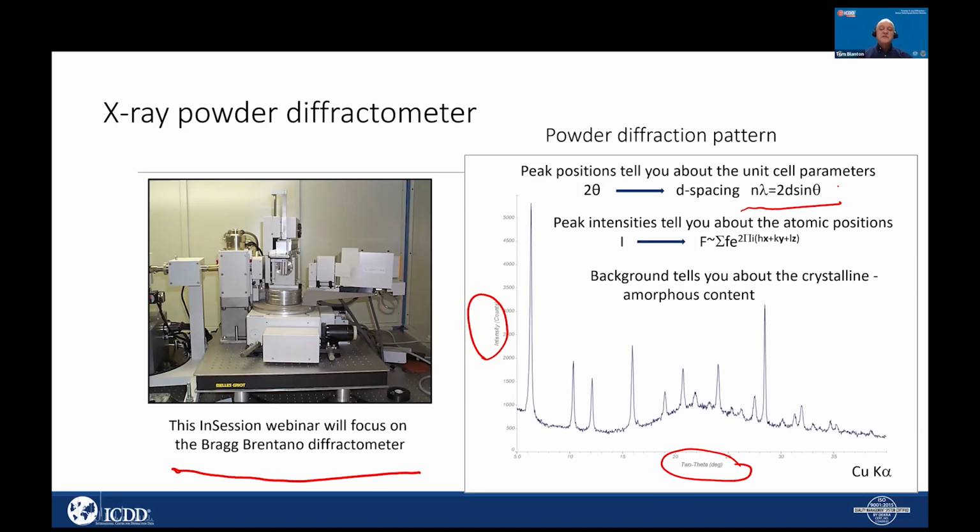The peak intensities tell you something about the atomic positions, where the intensity is proportional to the structure factor, which is related to the scattering, as well as the XYZ, the atomic position, for a specific lattice plane HKL. And the background tells you something about the crystalline and amorphous content of the sample, and this is what we utilize for our phase identification.